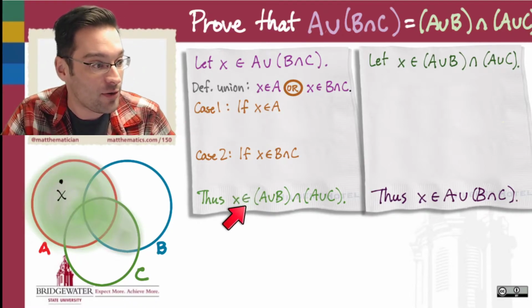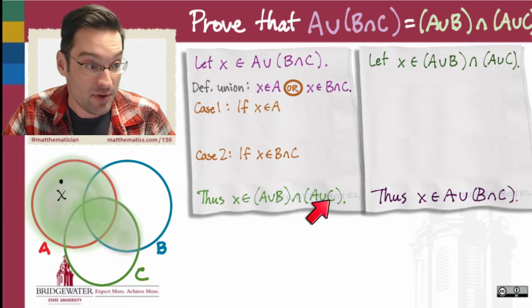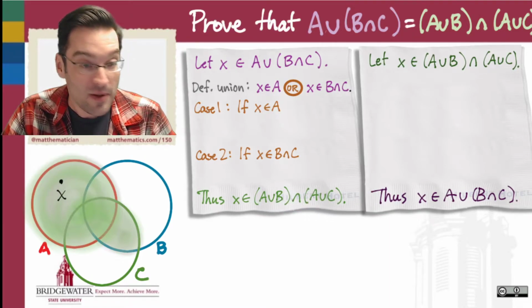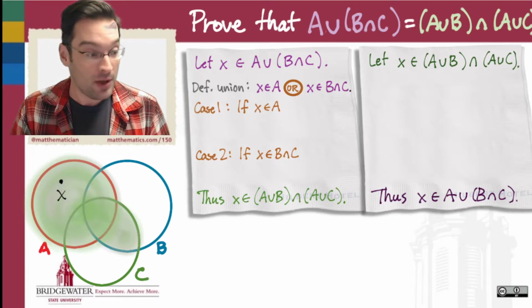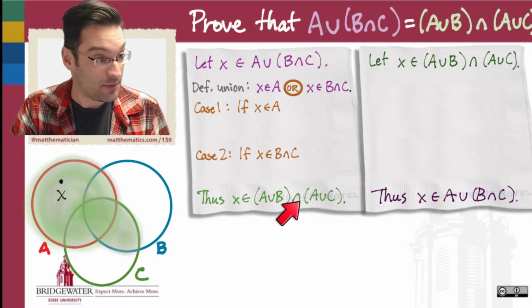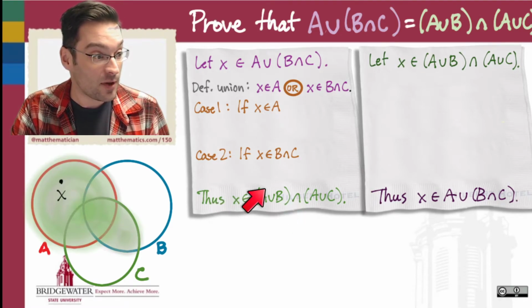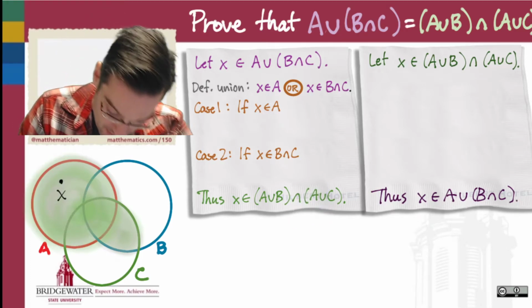How am I going to deduce that X belongs to the intersection of A union B with A union C? Well, let's take a step back from our conclusion that we're trying to make, as we often do, and eliminate this intersection operation. In order to demonstrate that X belongs to the intersection of these two sets, we need to show both that X belongs to this set and also that X belongs to that set, right?